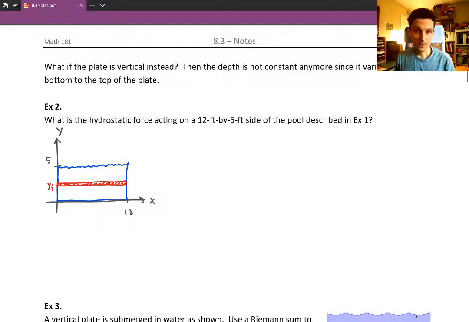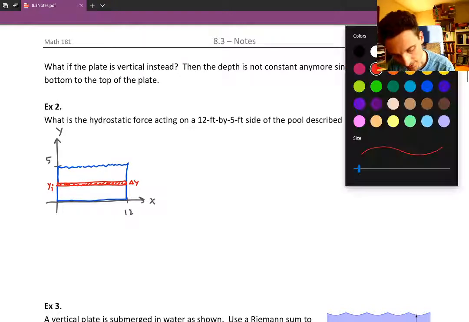Now these subintervals have a thickness, just like normal when we break into subintervals, we call the length of each subinterval delta x or delta y, and this is delta y in this case. And our goal is to focus on that one thin horizontal strip and figure out what force is acting on that strip.